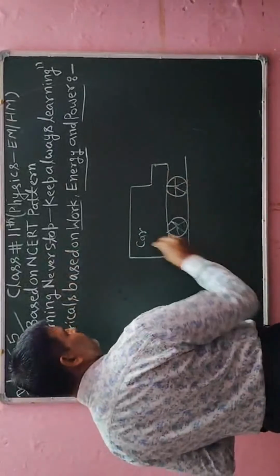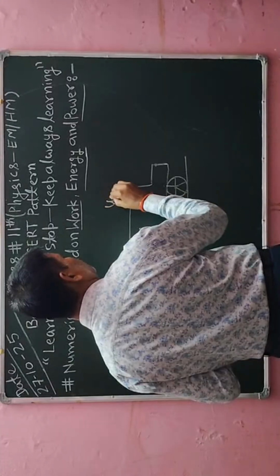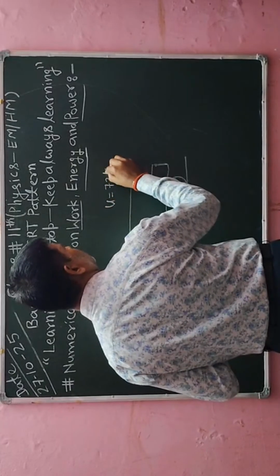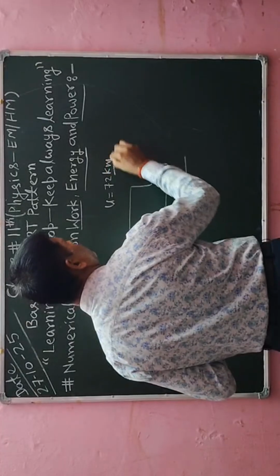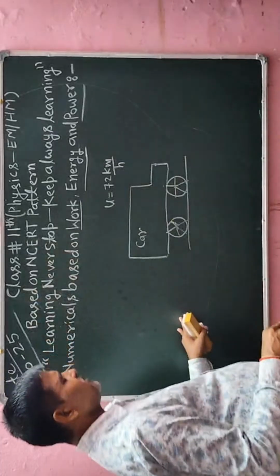Now this car is moving with velocity u, which is 72 kilometer per hour. So this is the initial velocity of the car.